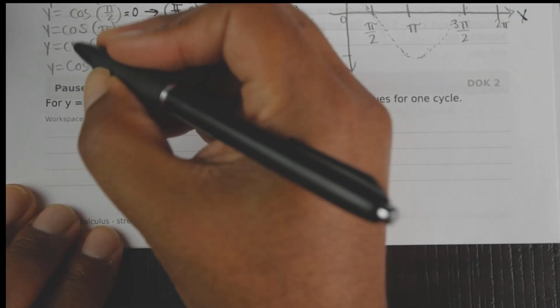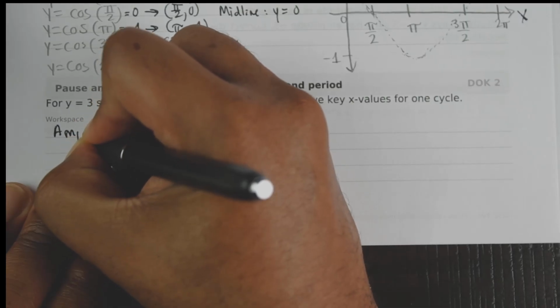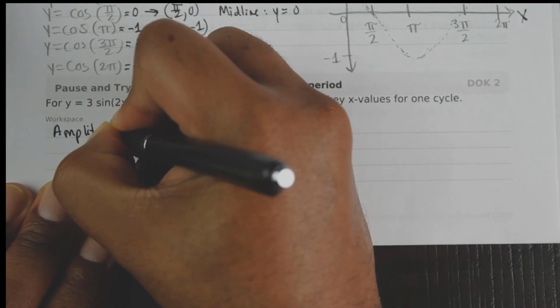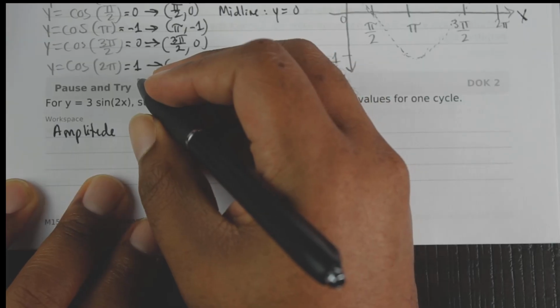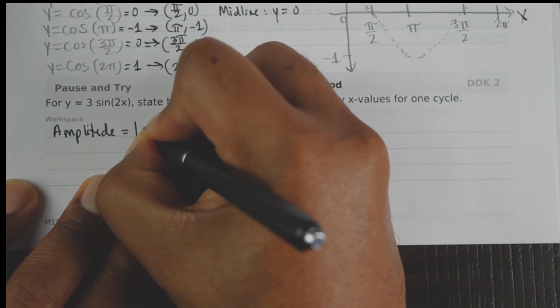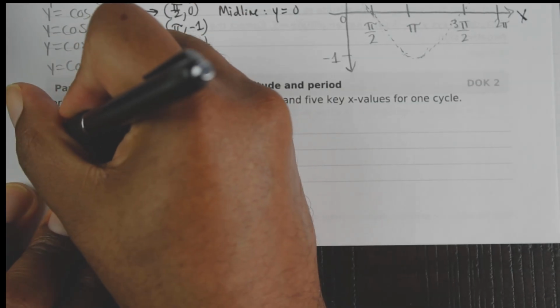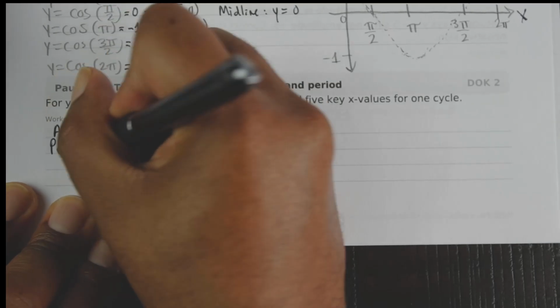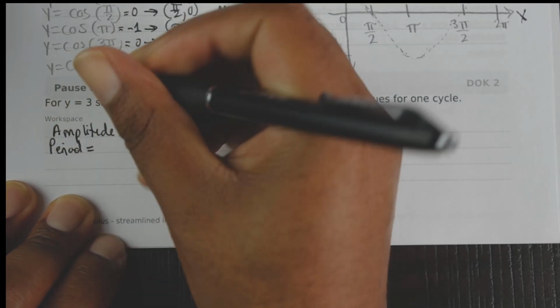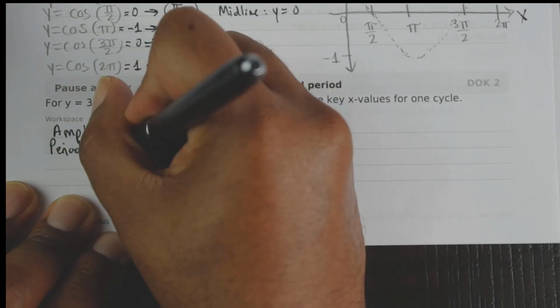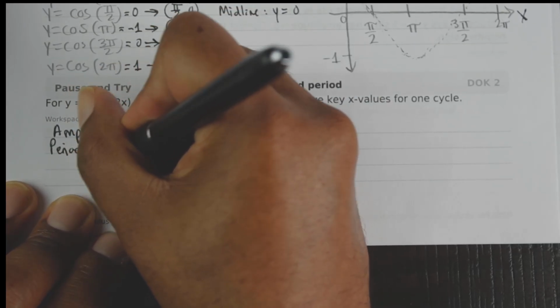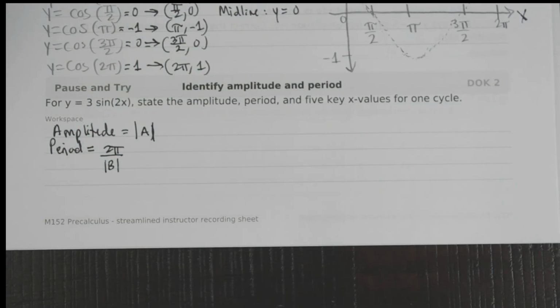Okay, so again, remember the amplitude is equal to the absolute value of a, and the period is equal to 2 pi over the absolute value of b. Okay, so we have the equation already written here for us.